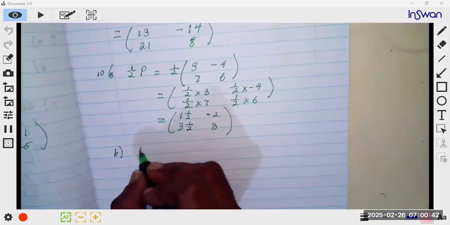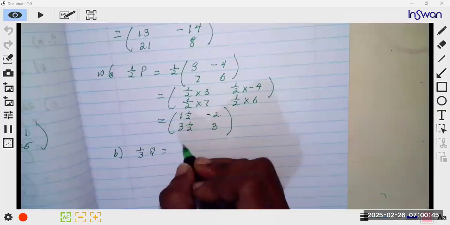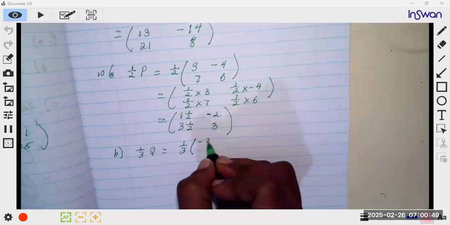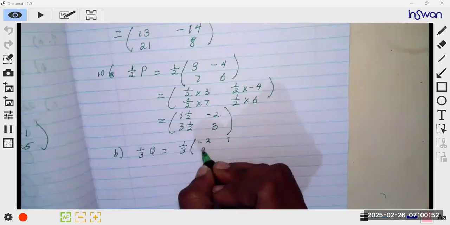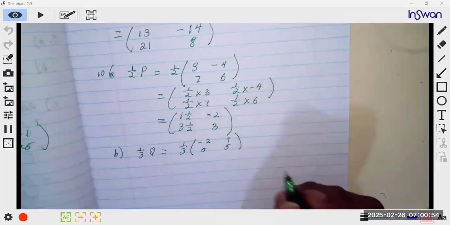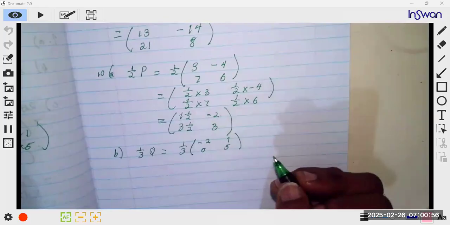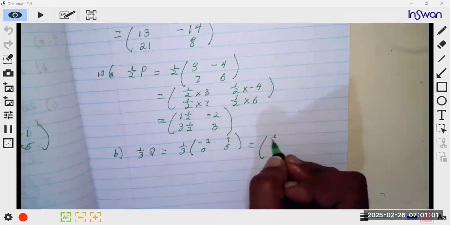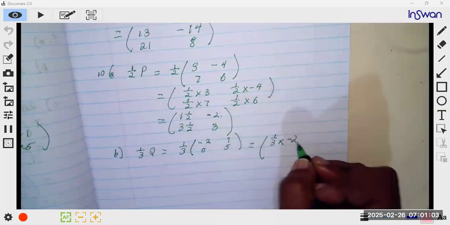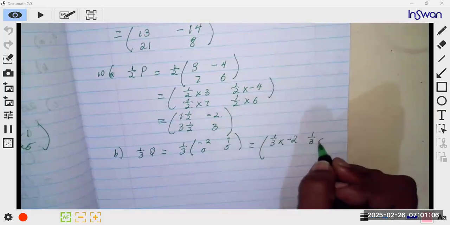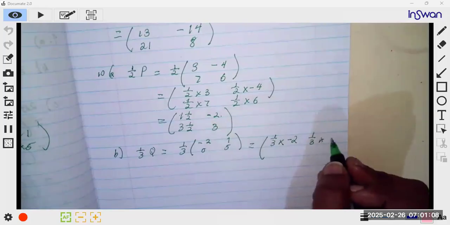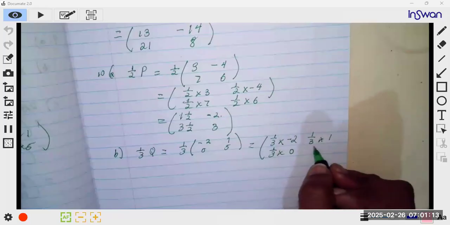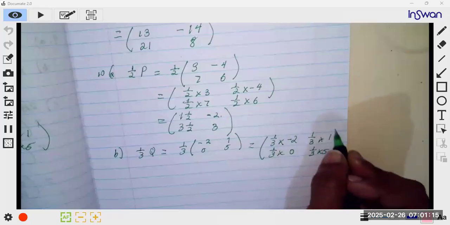Part B is 1/3 of the matrix. So this will be 1/3 by minus 2, 1, 0, 5. So this will be equal to 1/3 multiplied by minus 2, 1/3 multiplied by 1, 1/3 multiplied by 0, and 1/3 multiplied by 5.